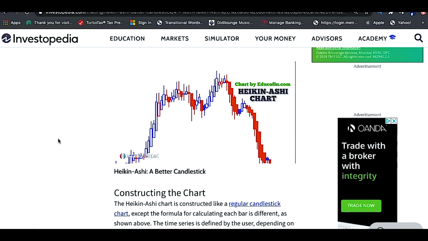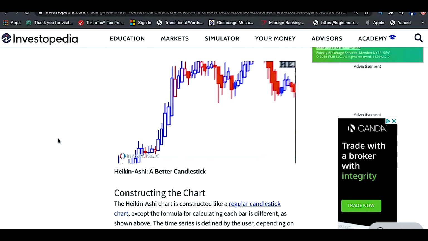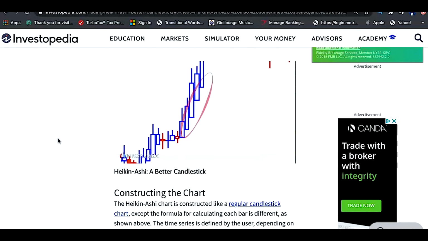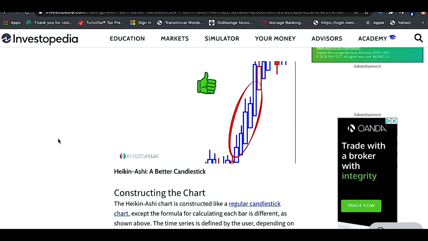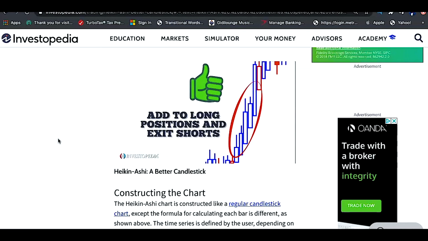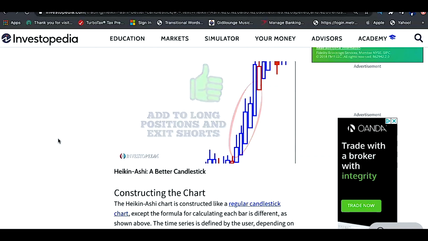Heikin Ashi charts provide 5 primary signals that identify trends and buying opportunities. Hollow candles with no lower shadows indicate a strong uptrend and the time to let profits ride. Hollow candles signify an uptrend, which is a good time to add to long positions and exit shorts.